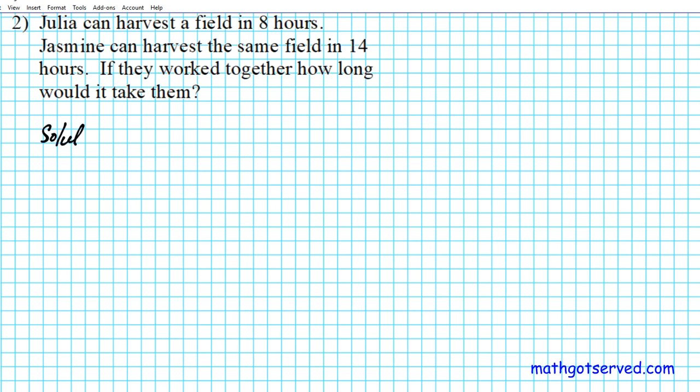Alright, so the solution is as follows. So let's declare our variables. So let's call Julia 1 and Jasmine 2. So let Julia's time be T1, which is equal to 8 hours.